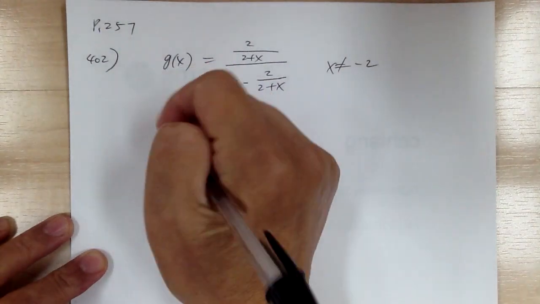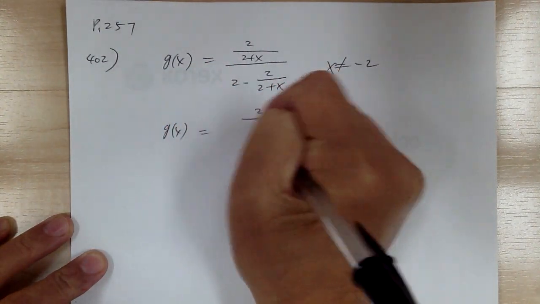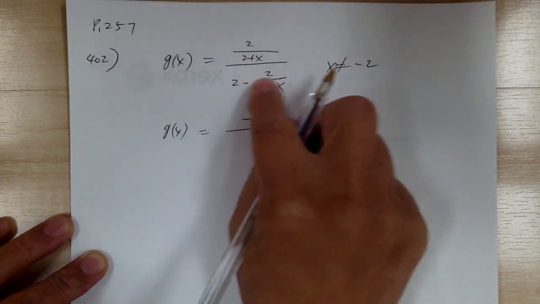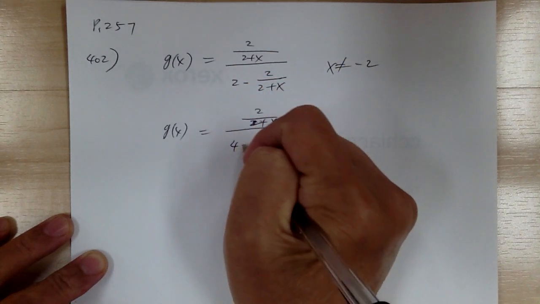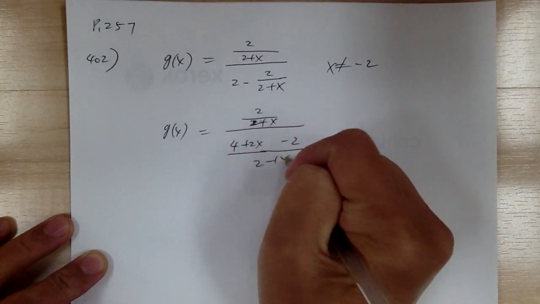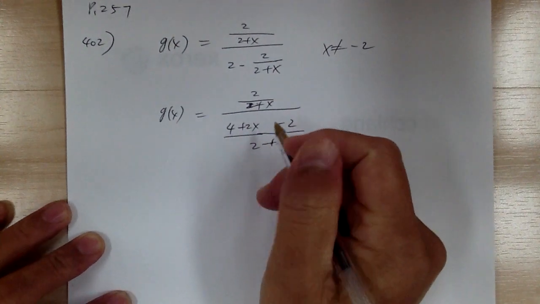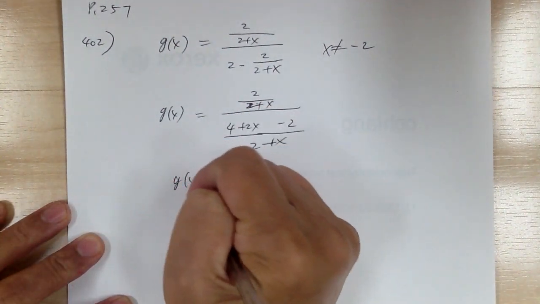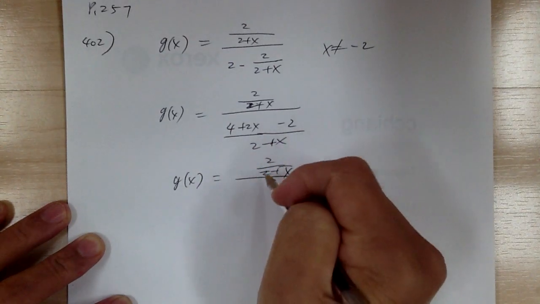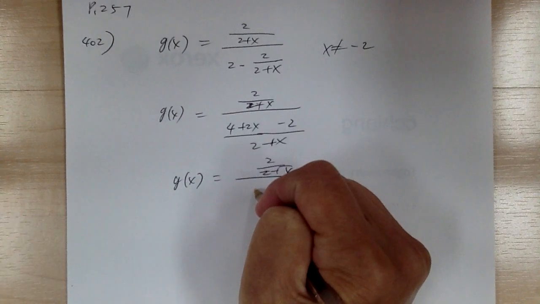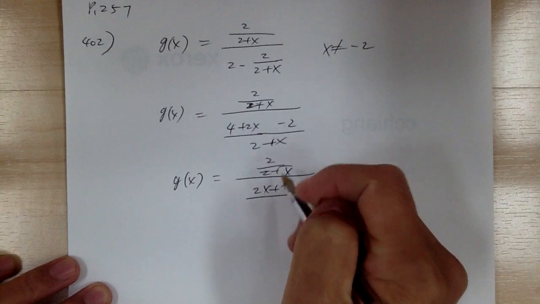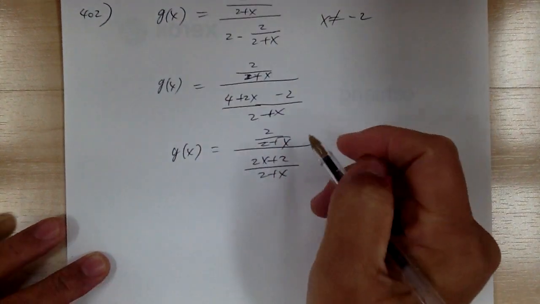Next, let's simplify this over here. So let's make this into a common denominator. So it'd be 4 plus 2x minus 2 over 2 plus x, and this becomes 2 over 2 plus x, over 2x plus 2 over 2 plus x.